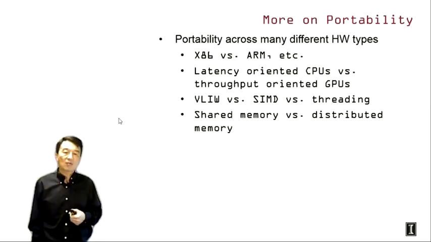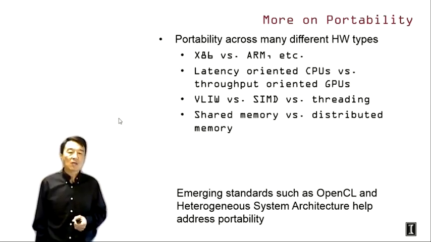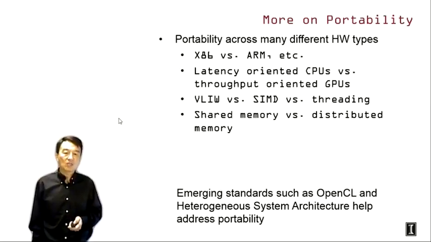It also comes down to how we organize DRAMs in the system, whether it's a shared memory model or a distributed memory model. All these dimensions will affect the portability of your application. When we work towards the end of the course, we will introduce emerging standards such as OpenCL and Heterogeneous System Architecture that will help address the portability of your applications.